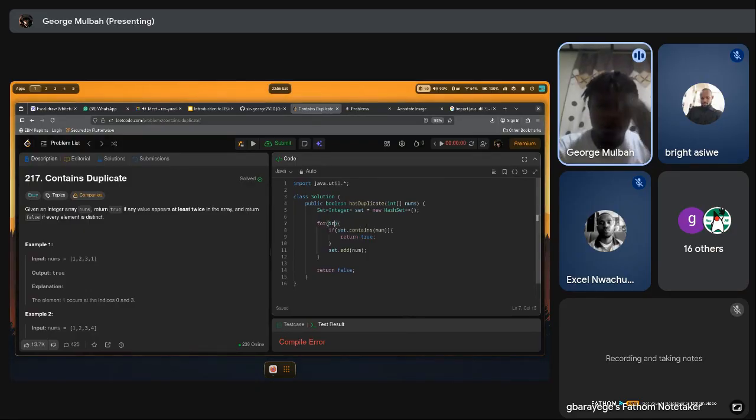I'll find out the way. So i is equal to 0. This is the long way, but it's not bad. i plus plus.